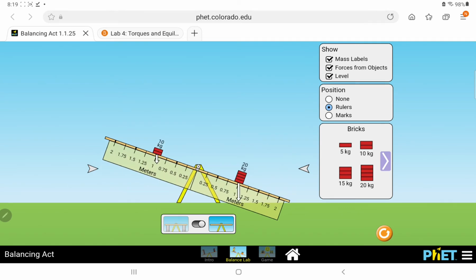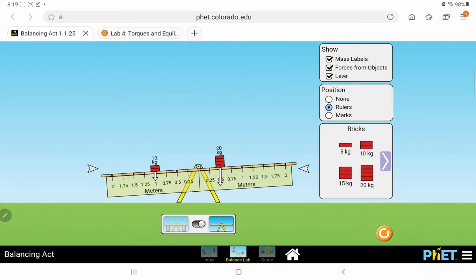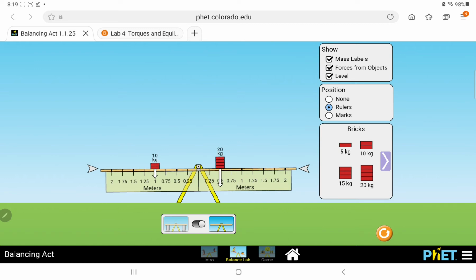It is unbalanced. Let me try here. It is balanced. The first data we put was 1 meter on the right and 0.5 meter on the left.